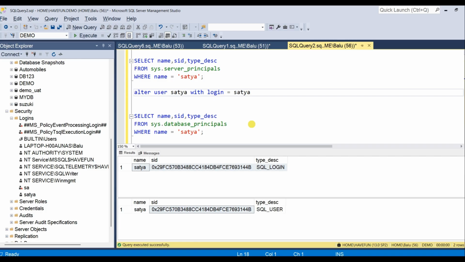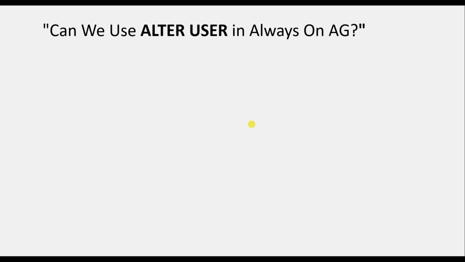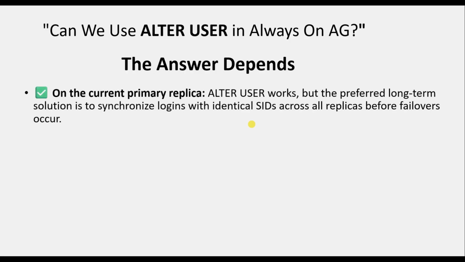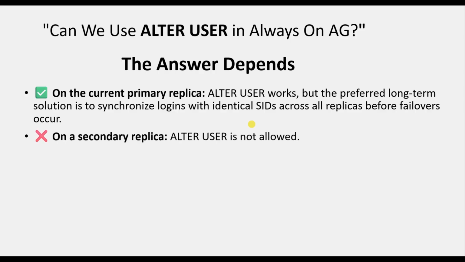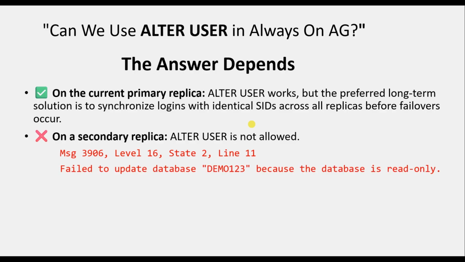Now the question arises: can we use this ALTER USER statement in always on availability group databases? The answer depends. If it is the primary replica, yes, we can use it, but the preferred long-term solution is to synchronize logins with identical SIDs across all replicas. But on the secondary replica, we cannot use the ALTER USER command because the database is in a read-only state.